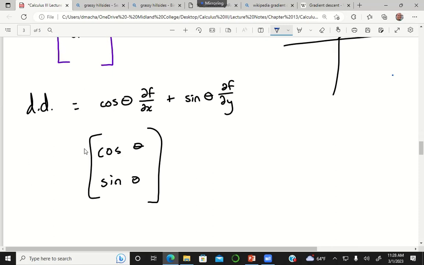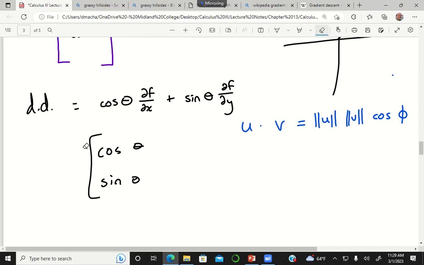There was a dot product formula that we talked about a while ago in the very first chapter, where if we were taking the dot product of u dot v, this was the same thing as norm u norm v times cosine of the angle between u and v. Okay, so now the directional derivative is like a unit direction vector dotted with the gradient vector.